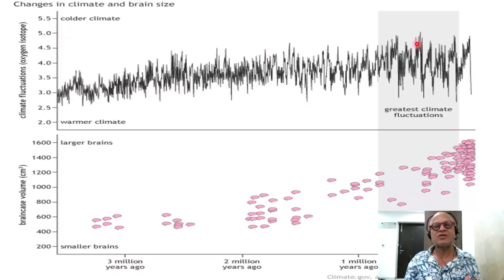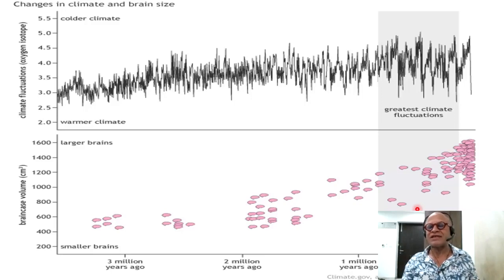We will see later on that O18 gets left behind in the ocean as glaciers grow, because glaciers lock up O16, which we will talk about when we talk about climate proxies. So here are these large amplitude fluctuations at somewhat lower frequencies with embedded higher frequencies. So the greatest climate fluctuations seem to be here, associated with greatest brain size increases.